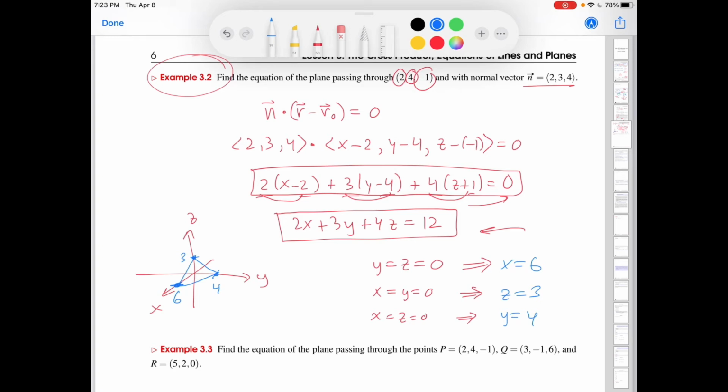I am human, and I will shortly show you something better. But still, this gives you a rough idea of what this plane looks like, and how much it slants in the x, y plane, the y, z plane, and the x, z plane. It also gives you a sense of how, if you were only able to draw this by hand on some assessment, a quiz, or an exam, you might try this without needing a calculator or technology.